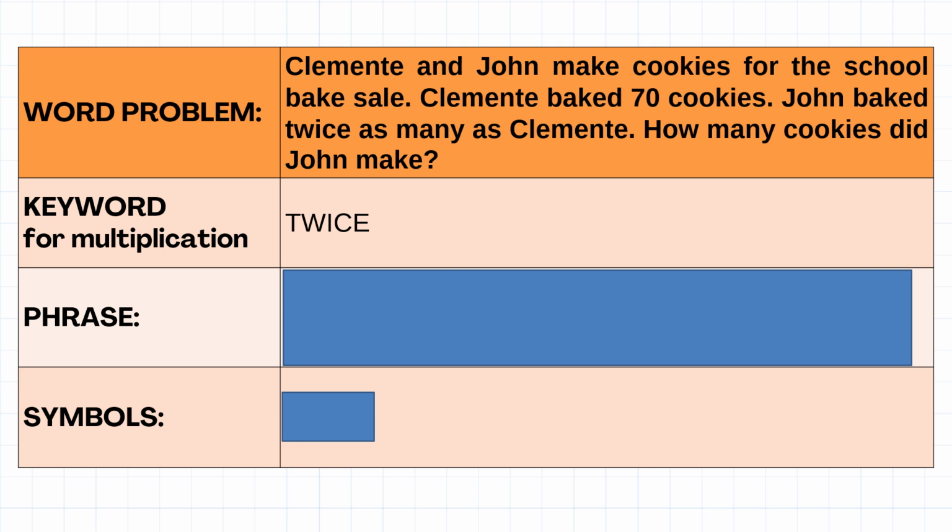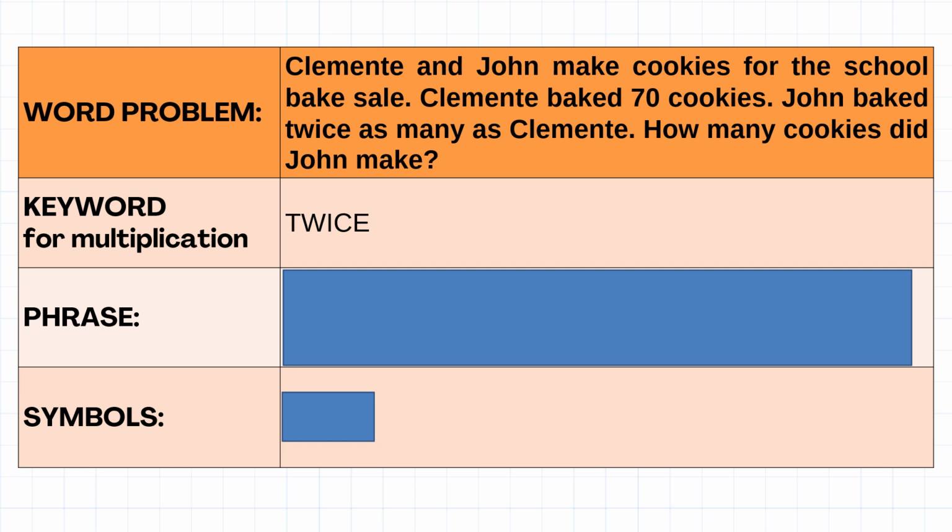Okay, let me remind you that we are not solving the problem, or we are not going to find the number of cookies. We are just going to represent this real life situation in a mathematical phrase.